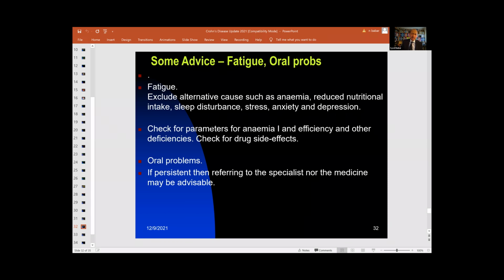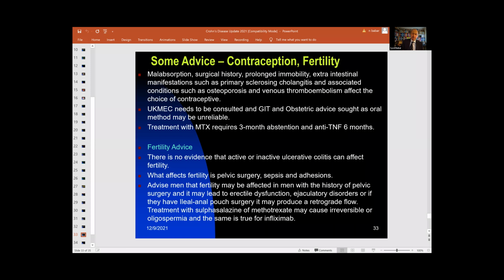For vague problems such as fatigue and oral problems, one must obviously look out for a pathological reason such as anemia, malnutrition conditions, and also sleep deprivation, stress, and anxiety. If there are oral issues, then a referral to the dentist or maxillofacial specialist would be required.